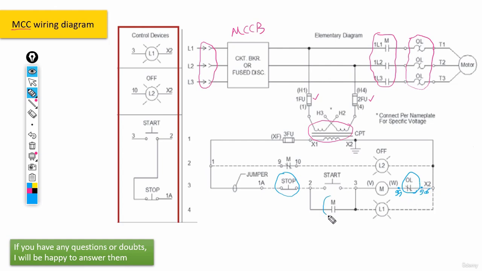Here we got the normal open contacts of the contactor with the same numbers as before again, 13 and 14, and they are connected to the start push button. We also have some signal lamps, guys. When the contactor starts working, these lamps here would be turned on.